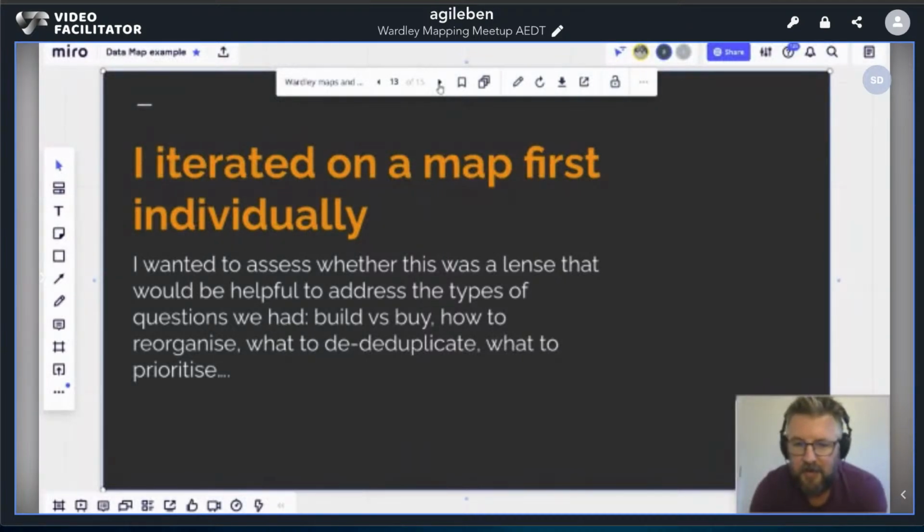We had about 10 different systems for capturing data. So how do we want to approach deduplicating those, and what attributes of those systems would be the most important, such that we could make the right choice about what to keep and what to deduplicate, and also what to prioritize? So what things would we prioritize in changing to improve the situation?